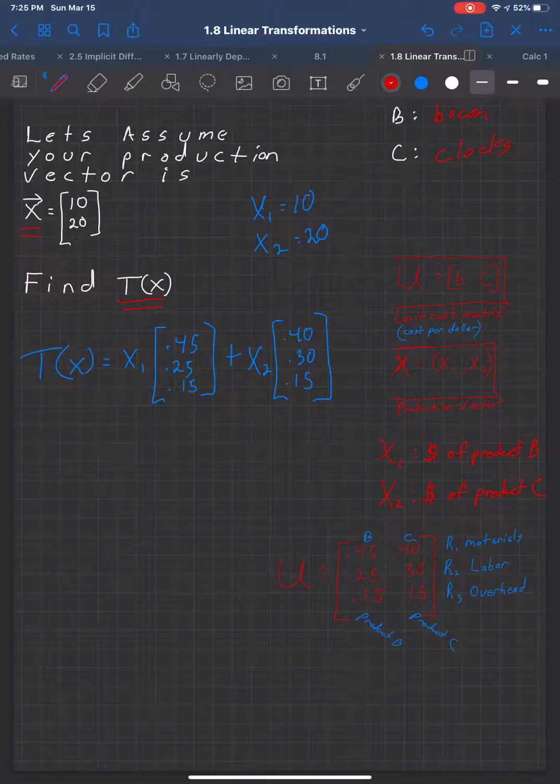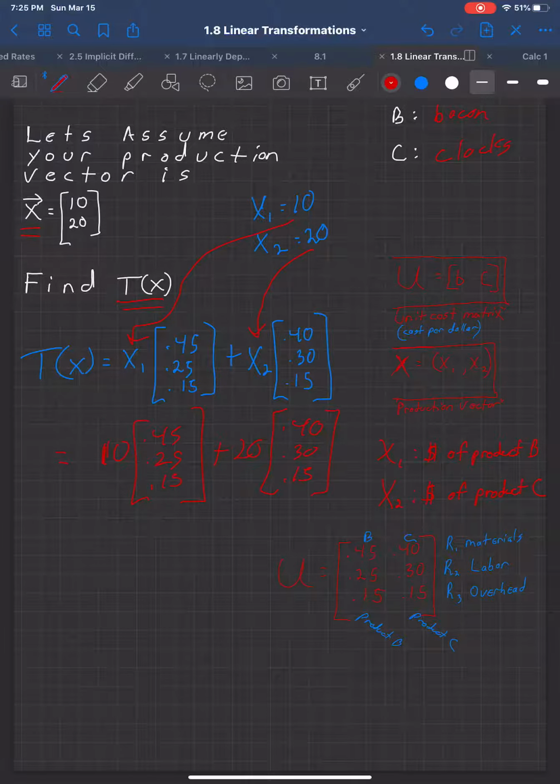What I'm doing is simply dragging and dropping my x sub 1, x sub 2 for this particular production vector. So I'm going to have 10 times that, plus 20 times 0.40, 0.30, 0.15.